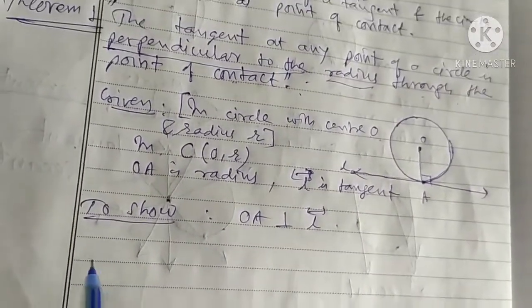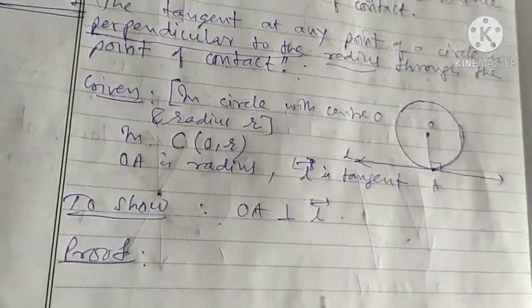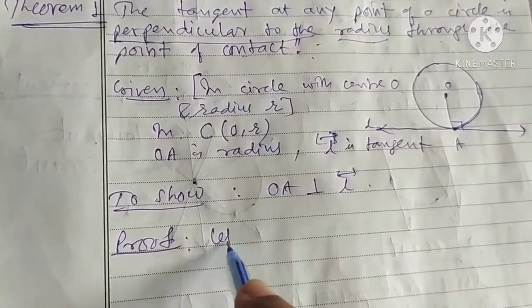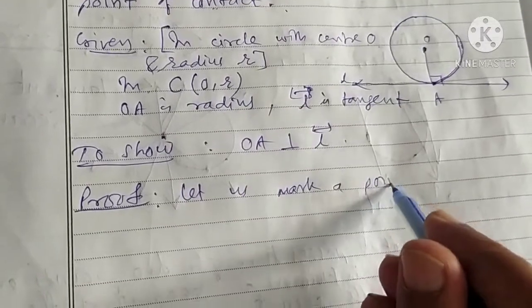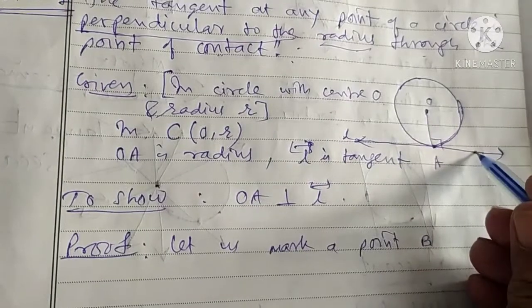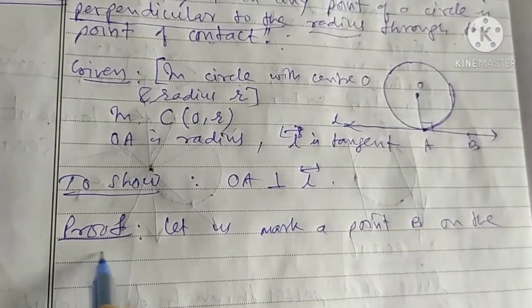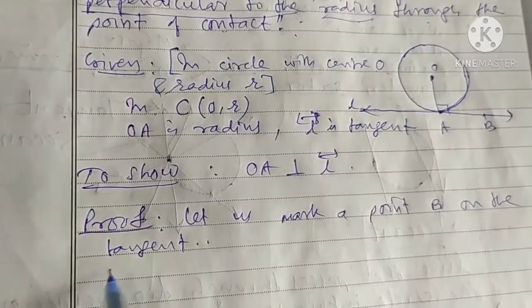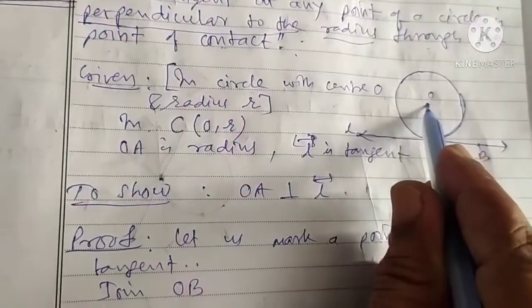Okay students, now see. Proof. Very short and simple. You will remember it. Let us mark a point. I am taking another point on the tangent, besides A, say point B. Now I join OB.